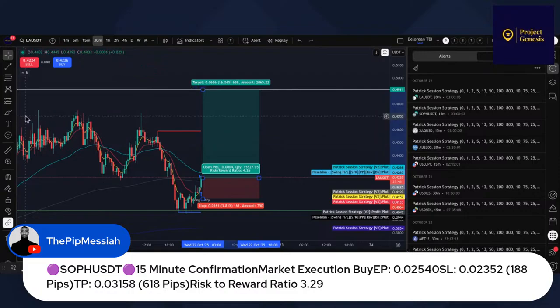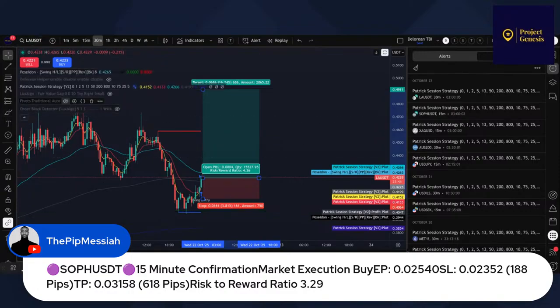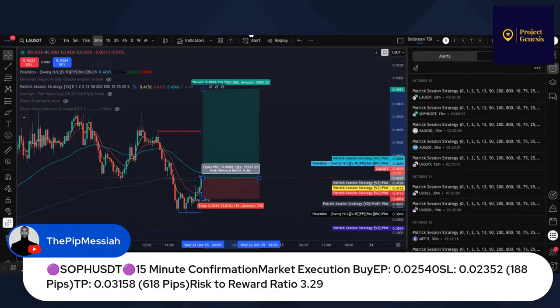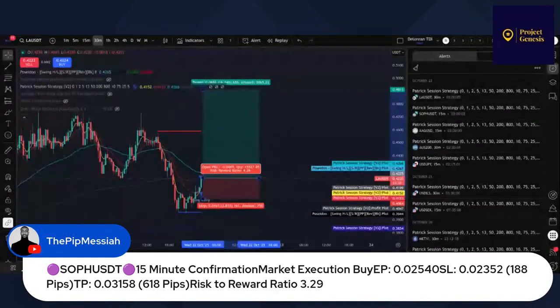Targeting 49.11. It's going to be a 4.26 risk to reward ratio.